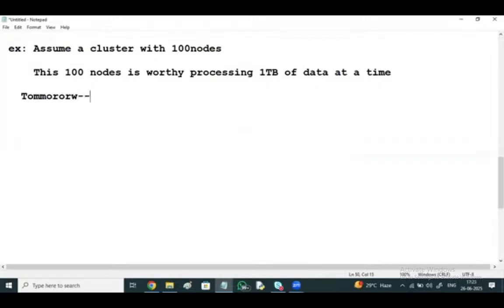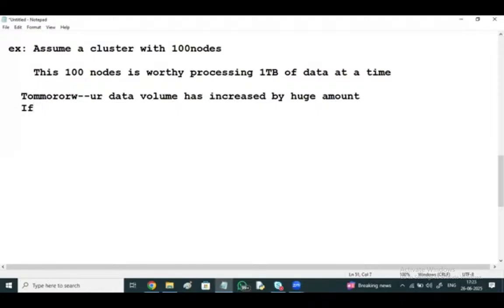Tomorrow, your data volume has increased by a huge amount.